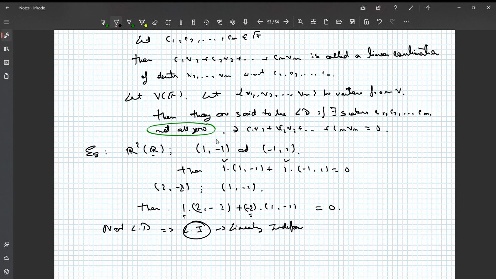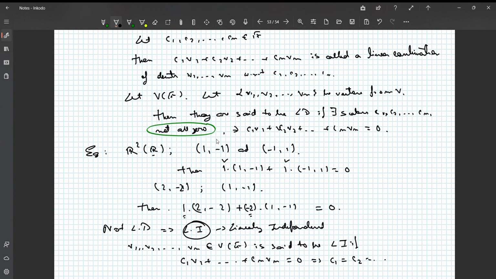The definition of linearly independent is: v1, v2 till vn in some vector space V over F are said to be linearly independent if you consider a certain linear combination of them, say c1 v1 till cn vn equals 0, and this happens only if c1 equals c2 and so on till cn equals 0. So all these scalars need to be 0 if the linear combination is 0.